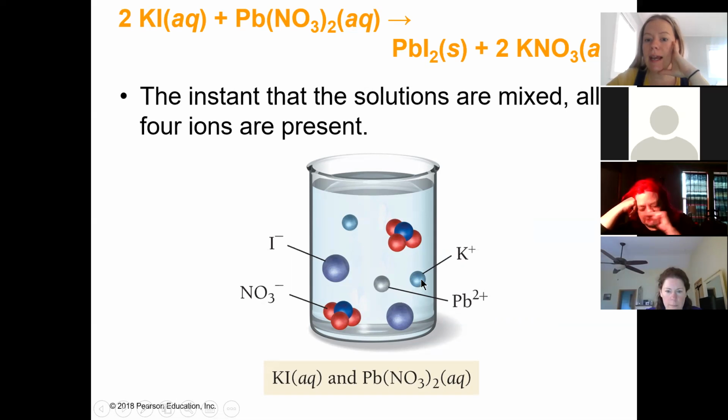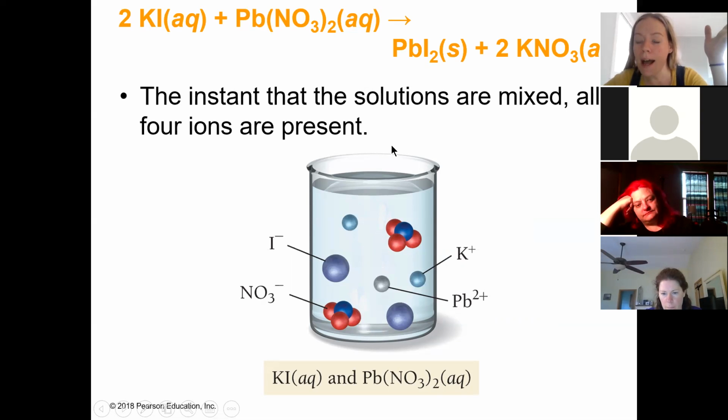K and I could potentially get back together, but we've already established KI as aqueous, so I know they're not going to. It's like all these people have broken up and gone to a party. K and I aren't getting back together, and lead and nitrate aren't getting back together. But because they're all in the room together, potassium can take a peek at nitrate and say, oh hey, nitrate, how are you doing? Let's try it out.